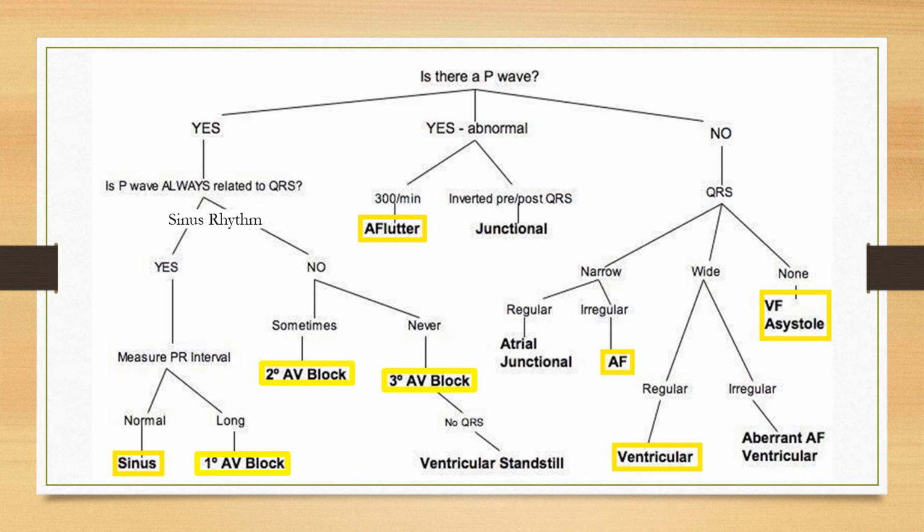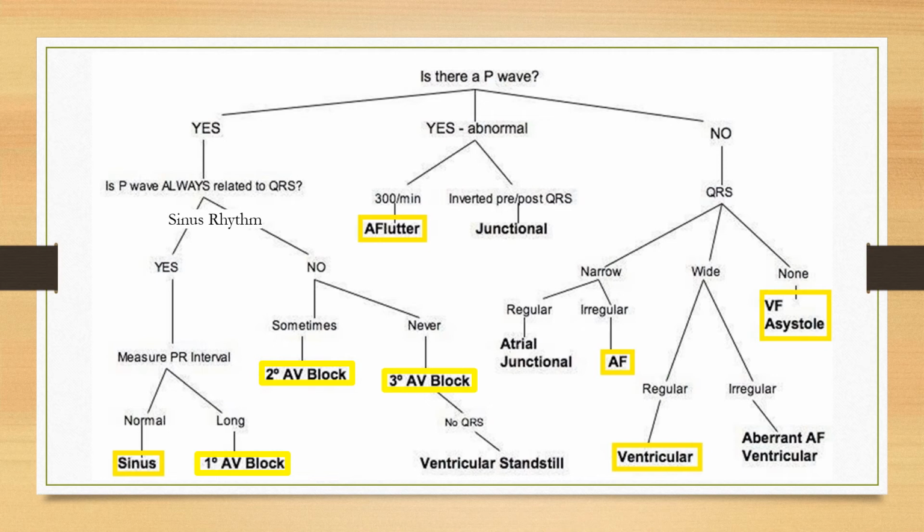Okay, so let's just do a recap of rhythms. This slide isn't going to help us with seeing if there's a heart attack, such as ST elevation or ST depression or hypertrophic T waves, nothing like that, just the rhythm being generated by the heart. So the question at the top: is there a P wave?